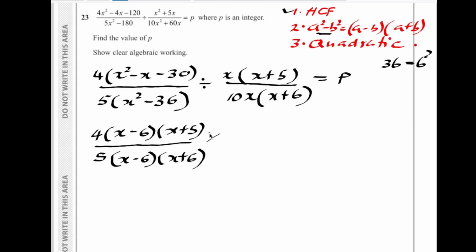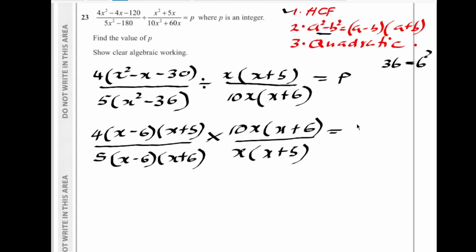Now this division can be converted into multiplication. As soon as you convert it into multiplication, like normal fractions, you gotta flip this fraction, or you gotta get the reciprocal of it. So 10x times x plus 6 come to the numerator, and x times x plus 5 come to the denominator, still equals p. Now check out whether any cancellations are available.